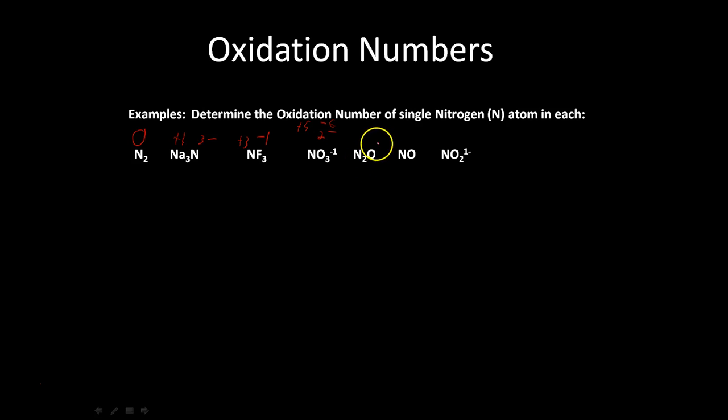Moving to this species, again, oxygen has a 2 minus charge generally, so each of these nitrogens has to have a +1 charge. The oxygen contributes 2 minus, each nitrogen contributes +1, but there are 2 of them, so the overall species is non-charged. In this case, we have oxygen, which is 2 minus, and nitrogen must have a 2 plus charge, or +2. Actually, let me write this down, +1.